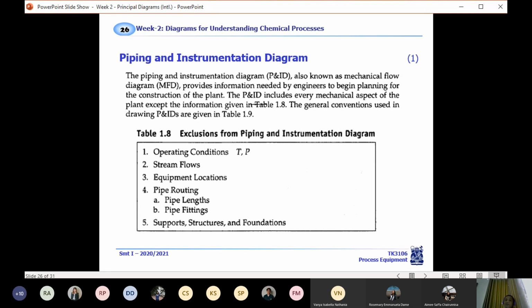But we have to understand the piping and instrumentation diagram, or PID, because this is the way we communicate with the mechanical engineer. So it's not only with the chemical engineer, but also with a mechanical engineer. Usually a mechanical engineer doesn't understand the process.